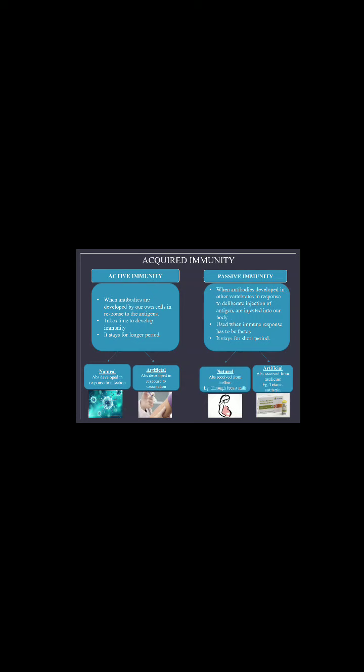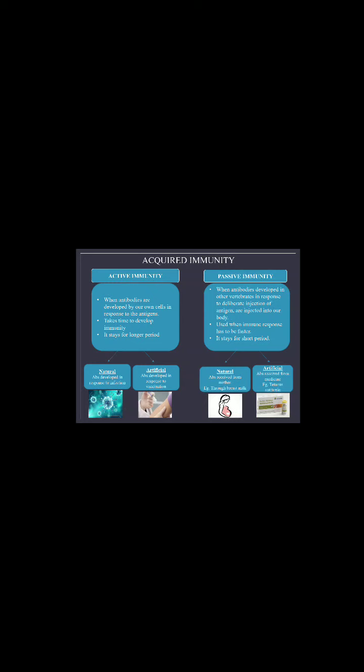And sometimes antibodies are produced from outside. They are given from outside, that is known as passive immunity. Now active immunity takes time to develop, because when antigens enter, our B lymphocytes will make antibodies, and T lymphocytes help in producing those antibodies.